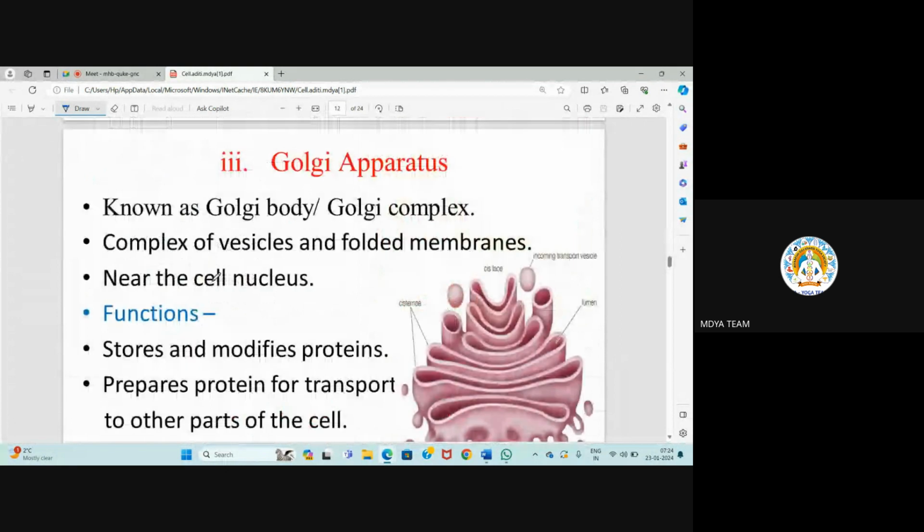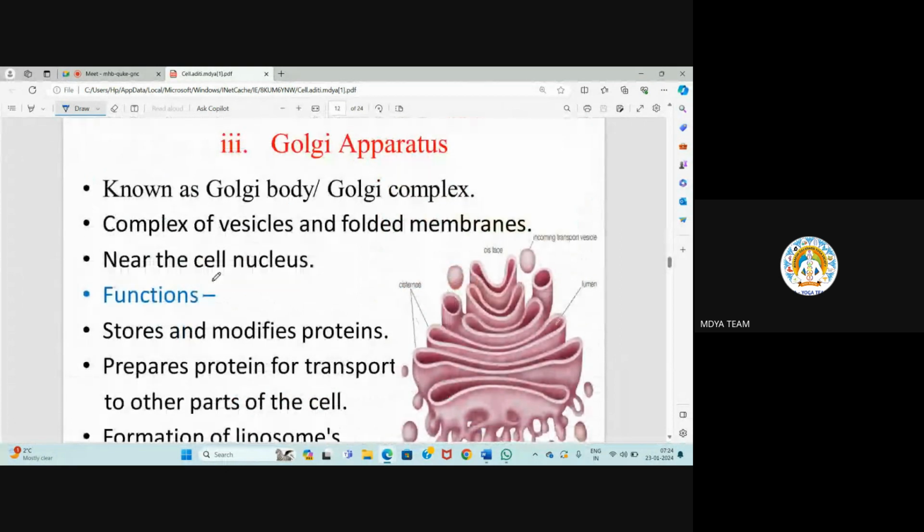So now we are going to start from the Golgi apparatus, also known as Golgi body and Golgi complex. It is a complex of vesicles and folded membranes near the cell nucleus.